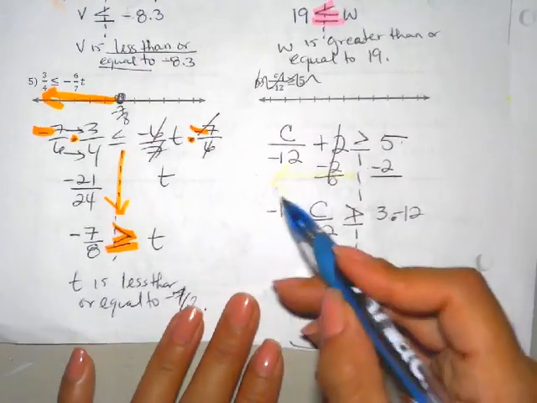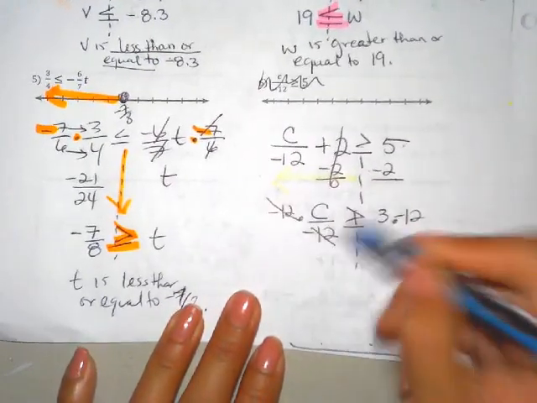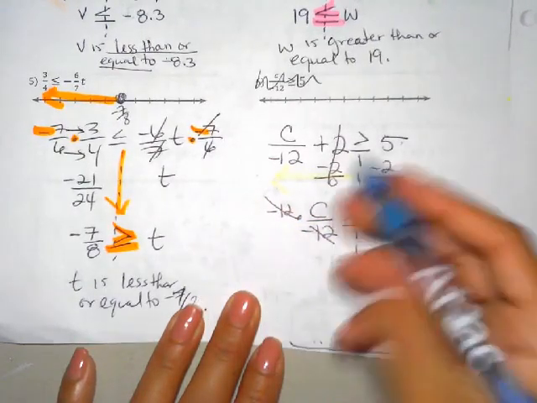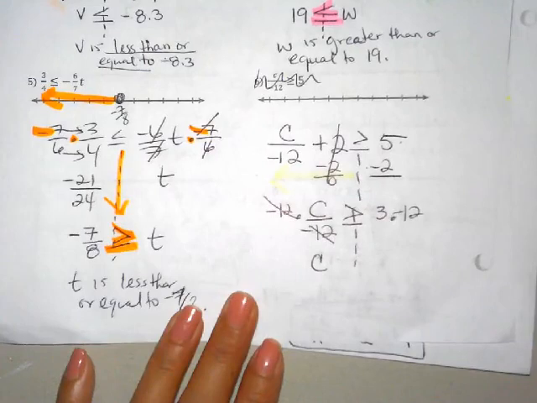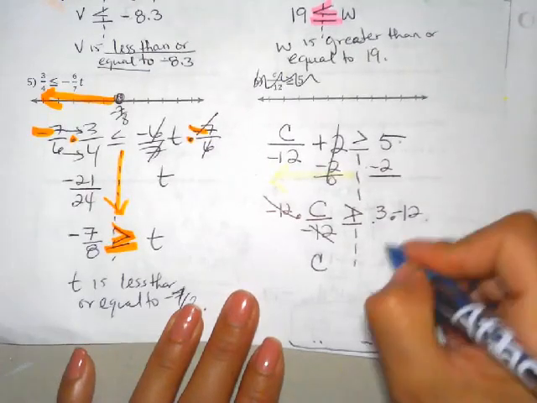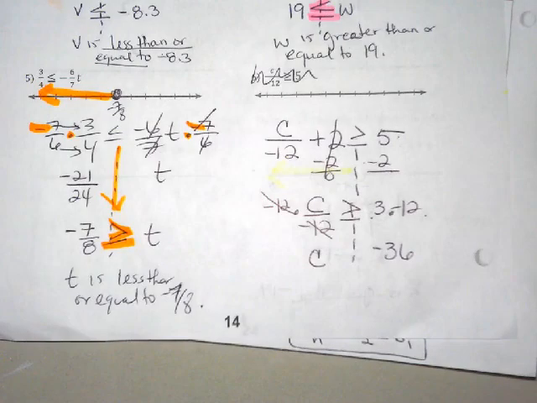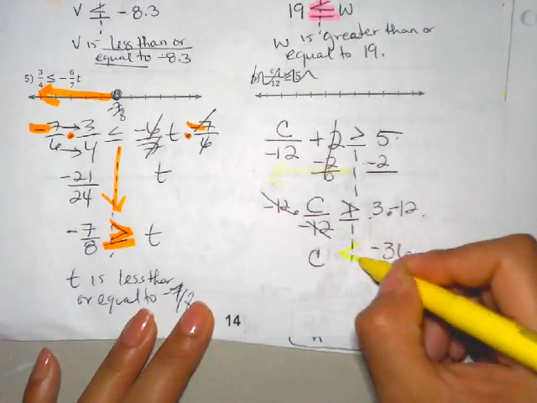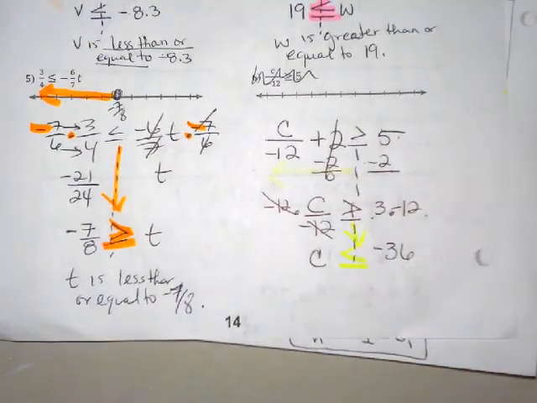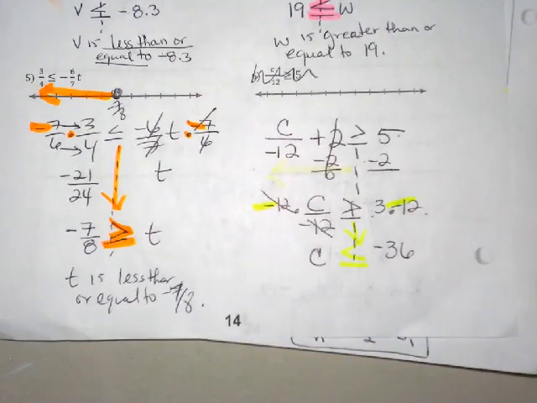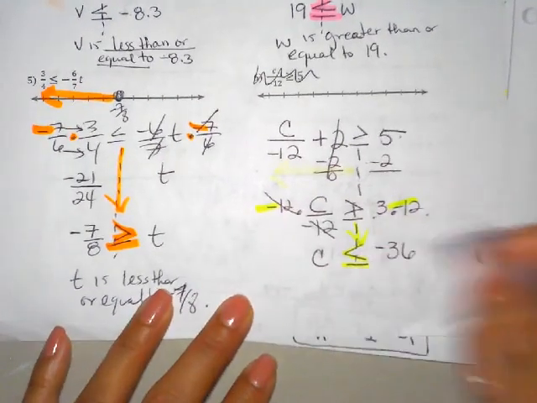So that a negative times a negative gives me a positive C. And then 3 times negative 12, negative 36. Do I flip the inequality sign? Yes, we do. Very good. Flip the inequality sign because we multiplied by a negative 12. If that would have been a positive 12, then I wouldn't have to flip it.